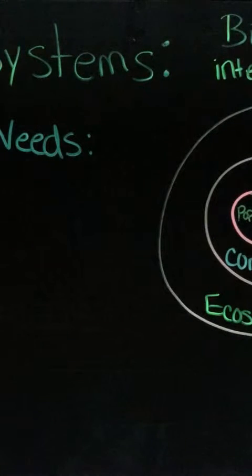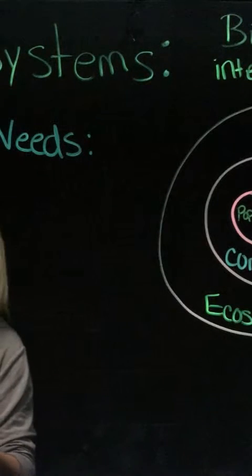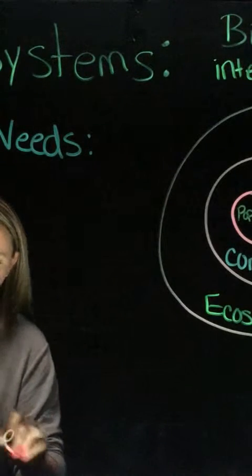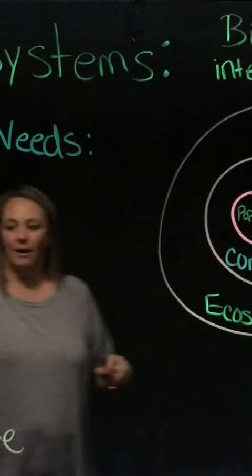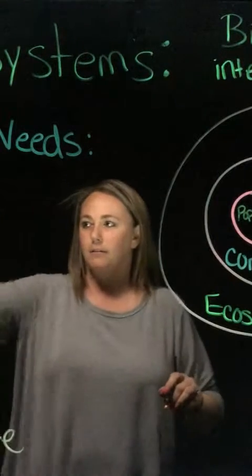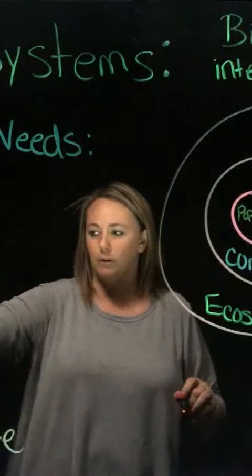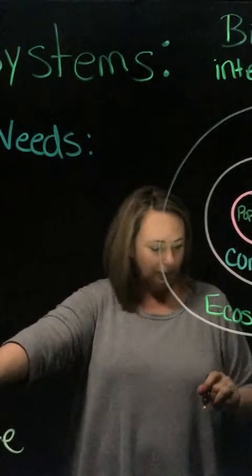Does it eat or drink? And does it empty waste, meaning, does it get rid of its waste? So these are things that you need to look for when you want to identify something biotic. Can it move? Can it grow? Can it reproduce? Can it eat or drink? And can it empty its waste?